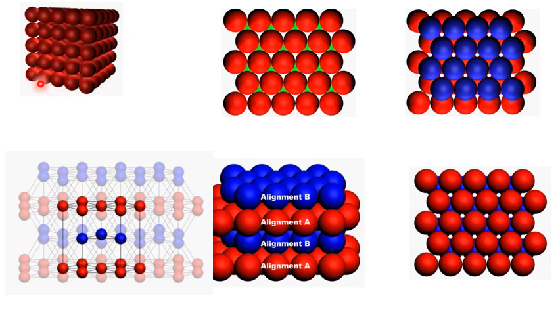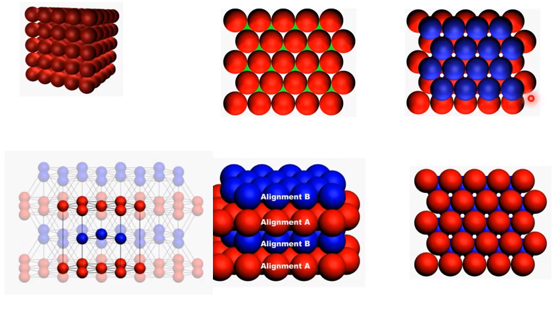The alignment of the first layer is exactly the same as the alignment of the second layer, third layer, and so on. In the hexagonal close packed arrangement, the second layer of atoms goes in the depression of the first layer. The second layer can go on these depressions or those depressions. It doesn't matter, it's exactly the same.